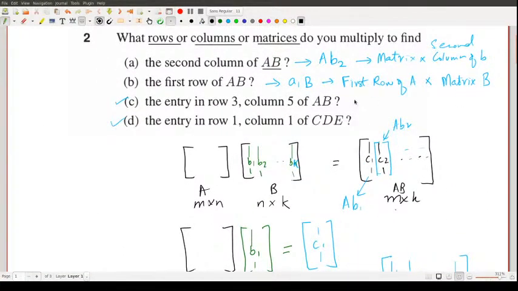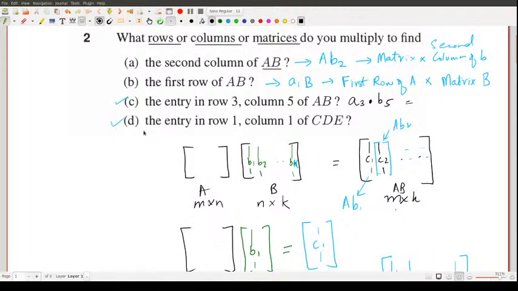This is a row A3 dot product, and you can write it like this, or you can write it like A3. That's fine, because this is already a row vector and this is a column vector, right? That's the third row times the fifth column.